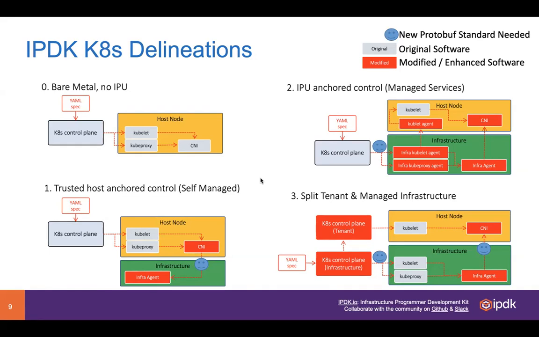So the up arrow to the CNI, in my case, is basically DHCP. You just set up all the network information from the infrastructure side and give it to the network through DHCP.